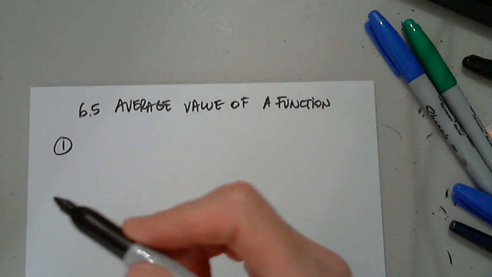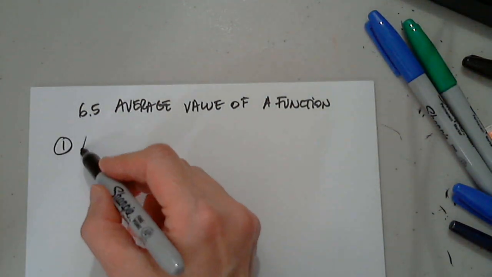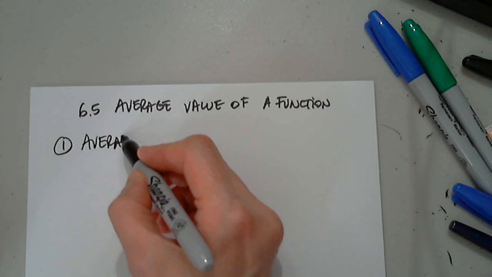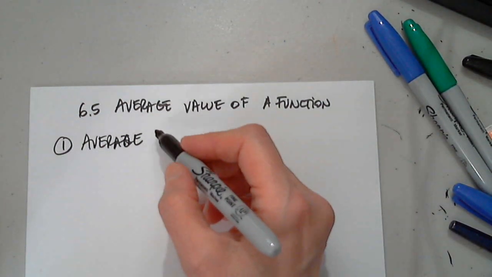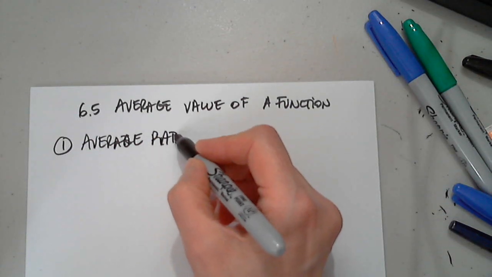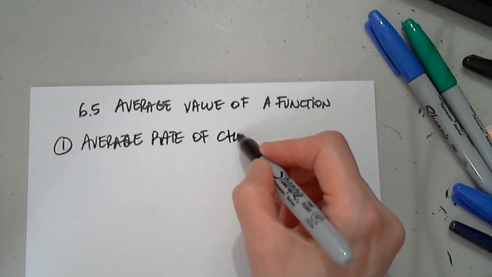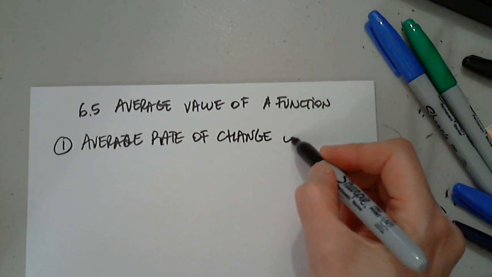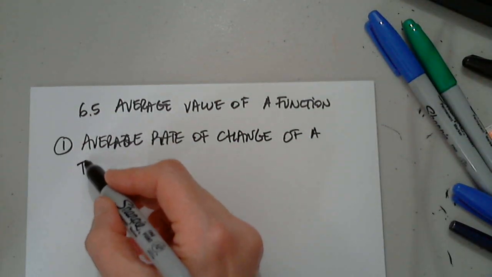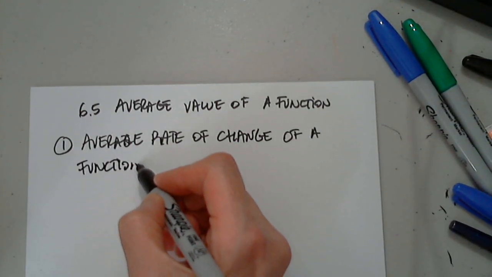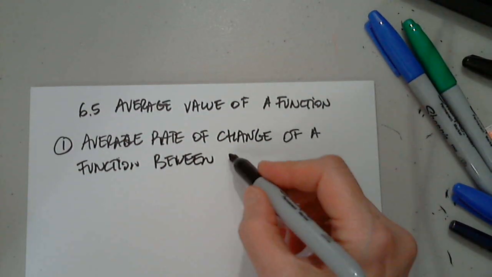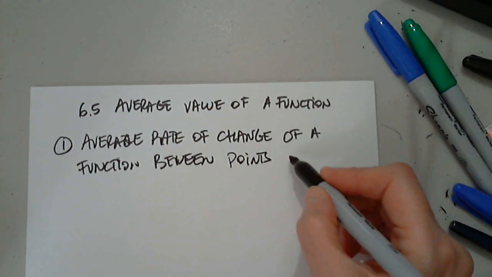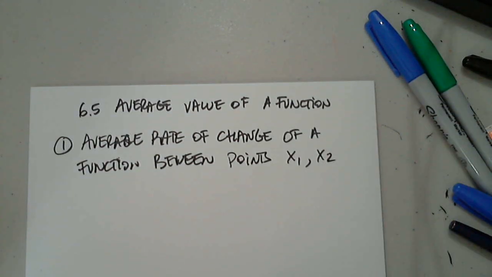One concept from algebra is the average rate of change of a function between points with x1 and x2.